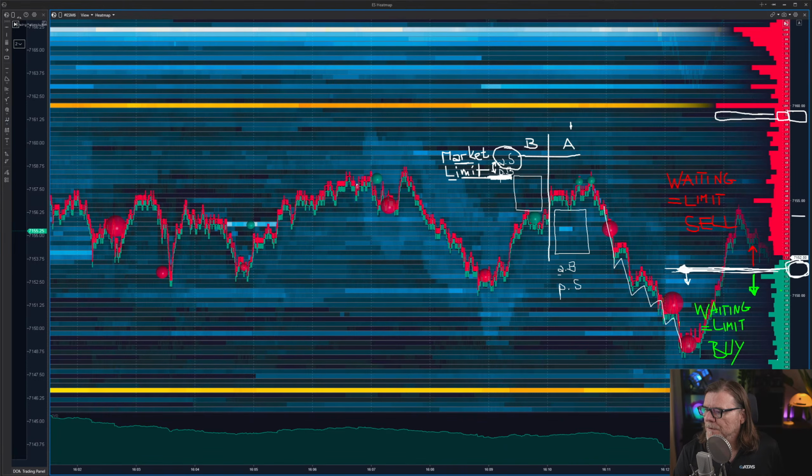Are those lines loaded right from the start, or do they load from the moment your platform is opened? Very good question. At this moment, it's being loaded since the moment I started the platform, but very soon there will be an improvement of the heat map, and you can load even longer history, not related to the moment you started the platform.